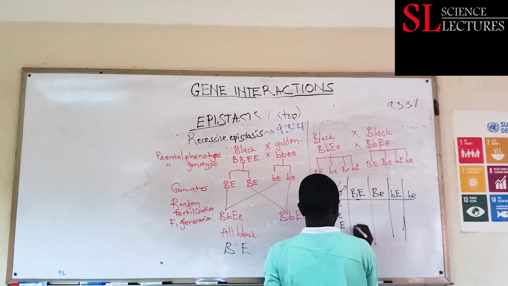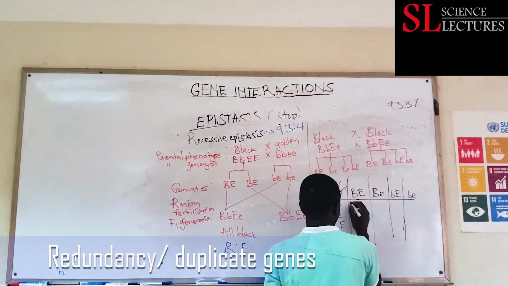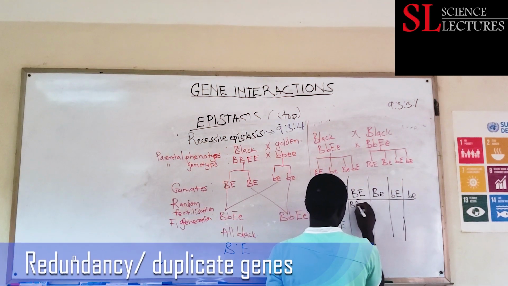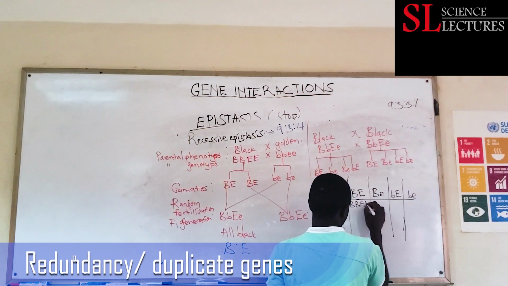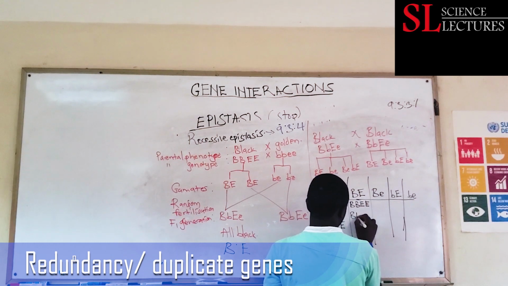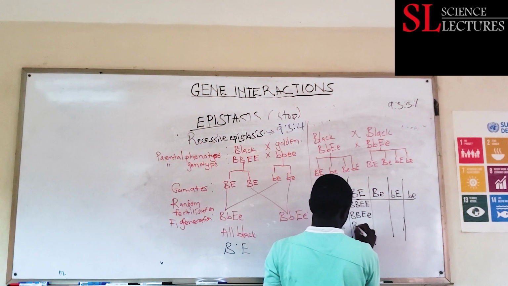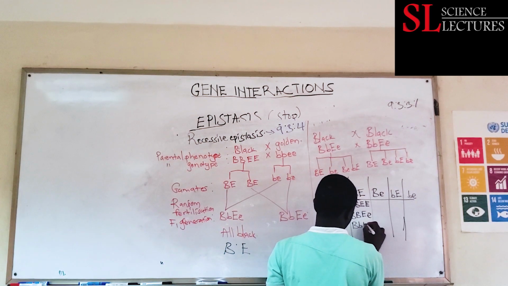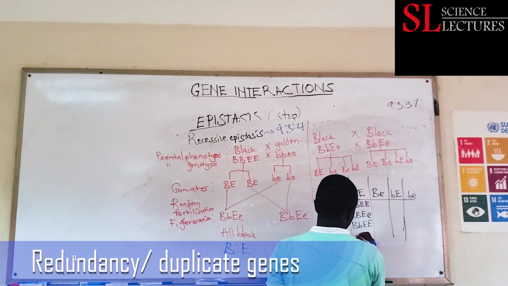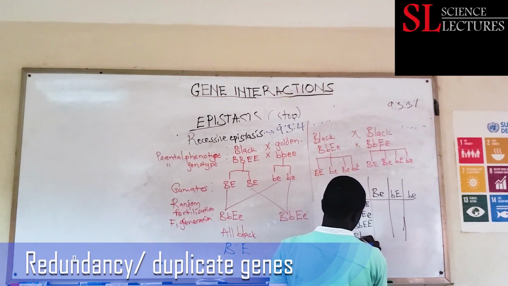Okay, then I start doing my process. This one with this one, this one, and this one, and that. Capital B, small b, capital E, small e.